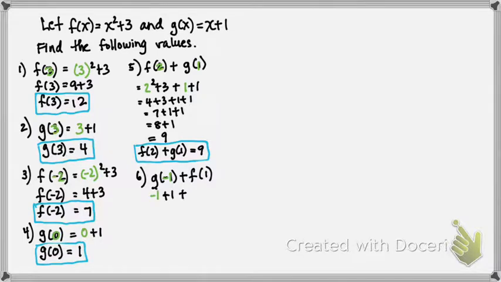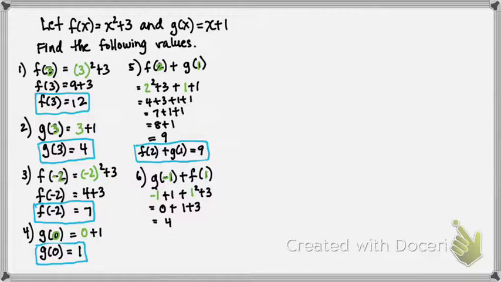But in function f, we're going to substitute 1 into function f's rule, which would be 1 squared plus 3. So I get 0 plus 1 plus 3, which ends up giving me 4.